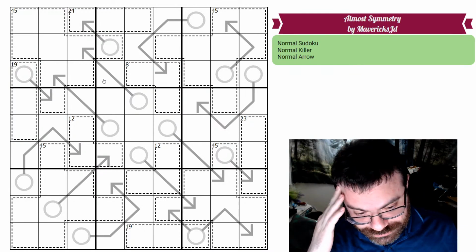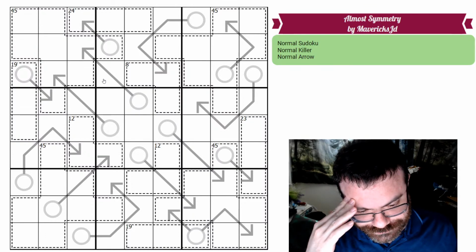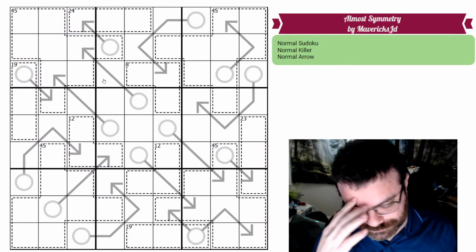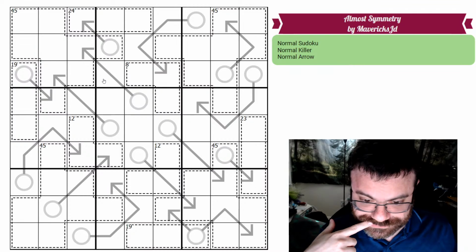So we got some 45 cages, which are extra regions. What shall we do?